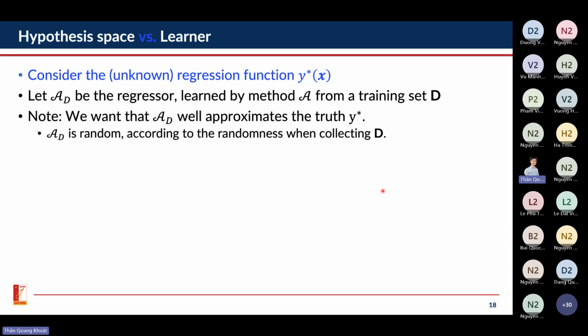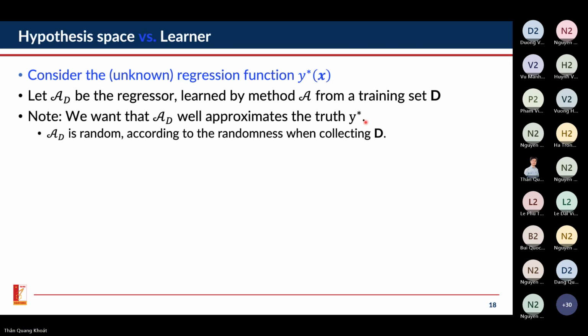Okay, so let's take just one example. Let's consider the regression function y star x. After training, the learner can produce one regression, which we denote by A(D), based on the training set D, for example. And we hope that the trained model should approximate the truth very well.